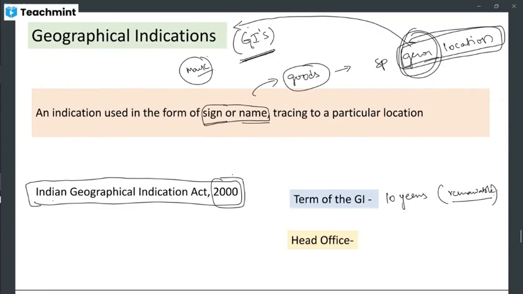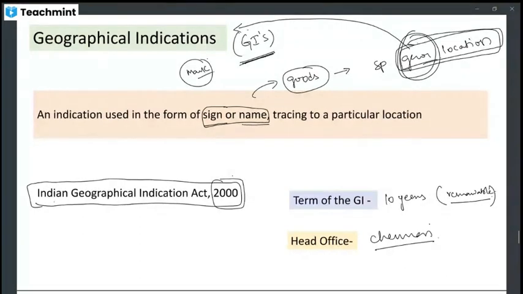The head office for geographical indications is located at Chennai. So can anyone name the first GI? Which product got the first GI tag?